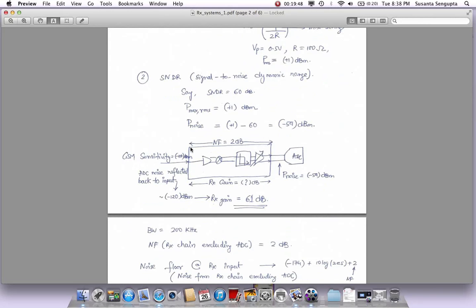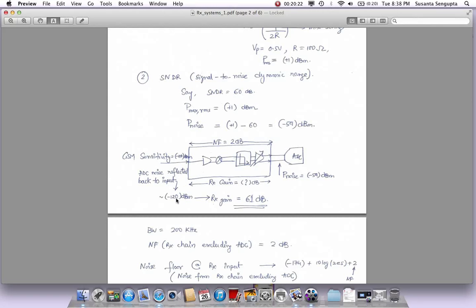So now we draw this black box, and we say that the sensitivity, let's say for GSM or any case for that matter, I want minus 110 dBm. I want this for a case where the noise figure is 2 dB for this whole chain. This is kind of the example we did previously, but I want the ADC noise to be below that.